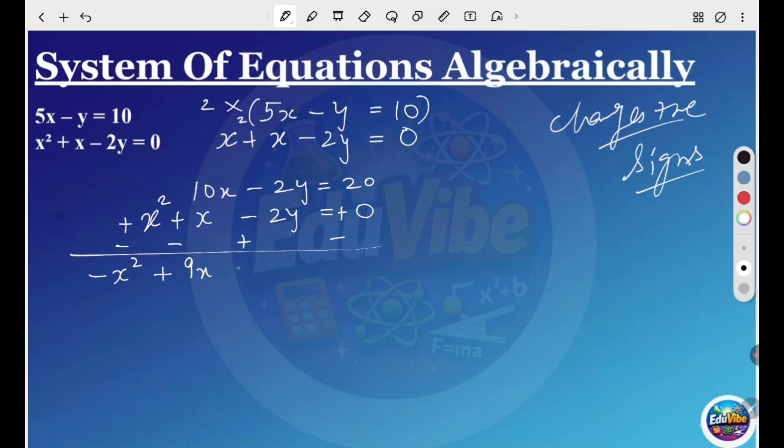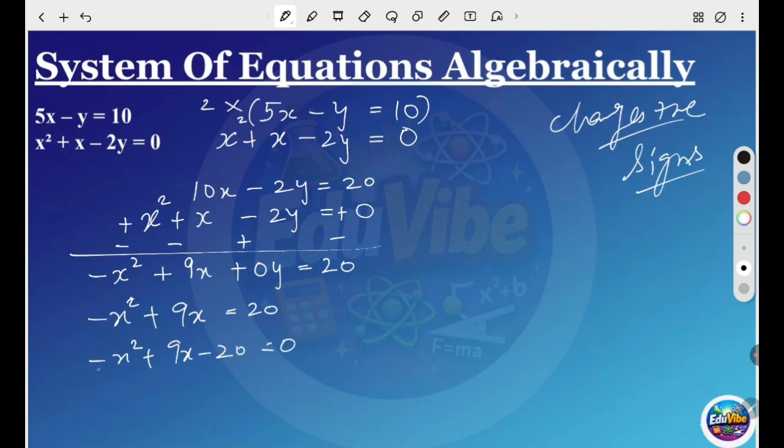So this is 0, and ultimately this remains 0y is equal to 20. So the y goes out. So you get only minus x square plus 9x is equal to 20. Or you can do x square plus 9x minus 20 is equal to 0.